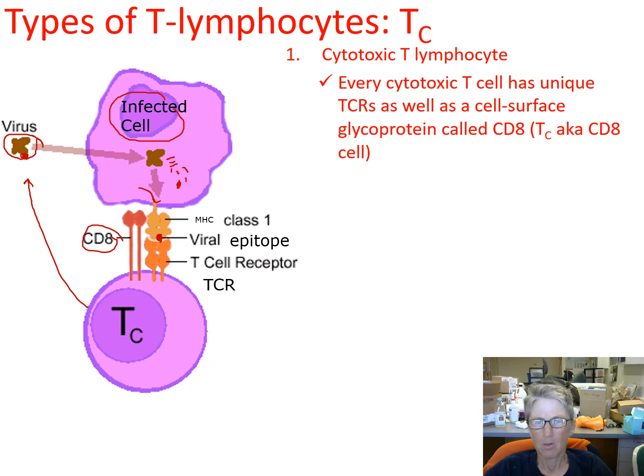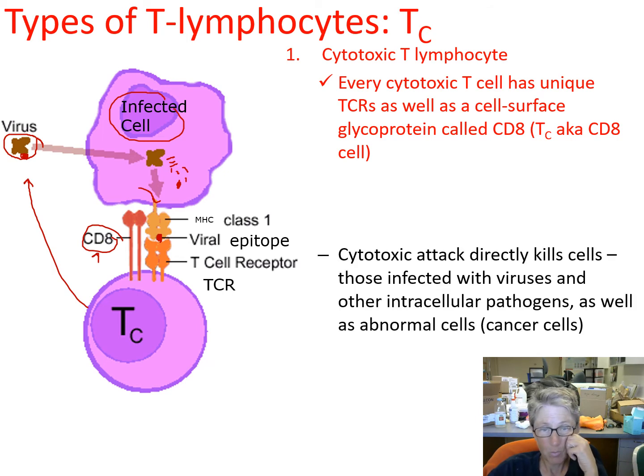Okay, cytotoxic T lymphocytes, or TC cells. Every cytotoxic T cell has unique T cell receptors, we talked about that, as well as this glycoprotein called a CD8 co-receptor. So you can call cytotoxic T cells CD8 positive cells.